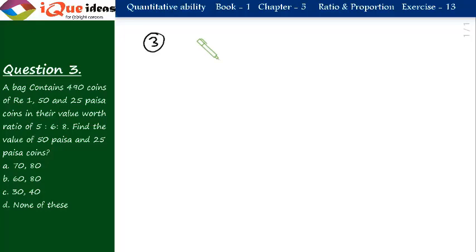So let's assume that the number of coins are x, y and z for 1 rupee coins, 50 paisa coins and 25 paisa coins respectively.